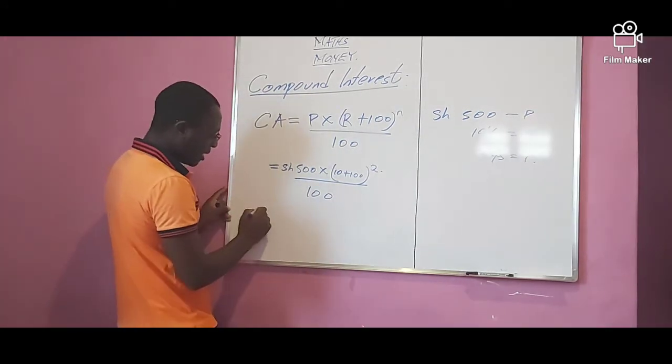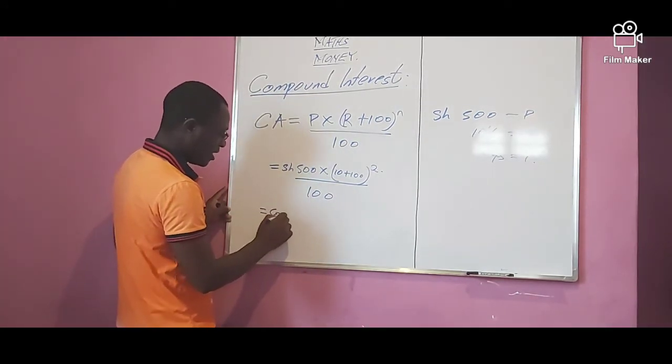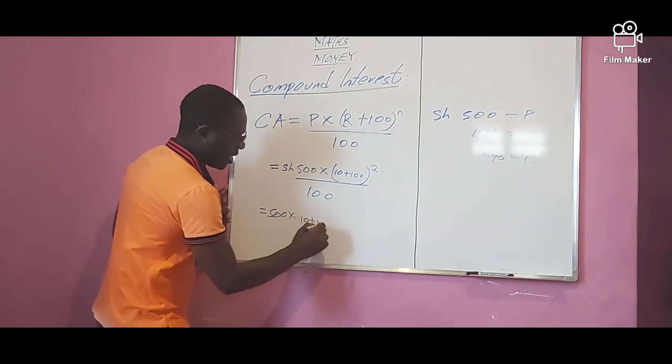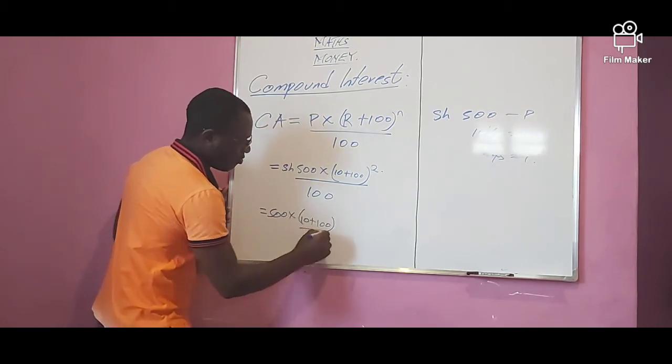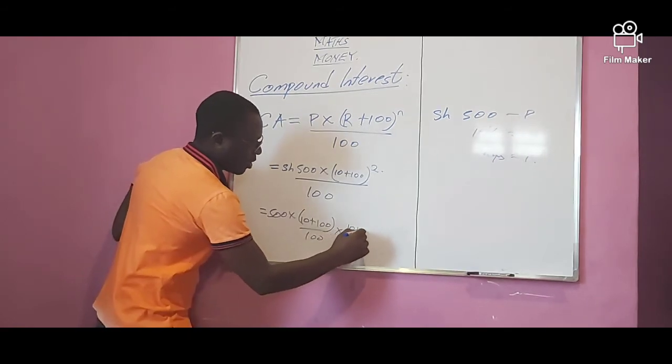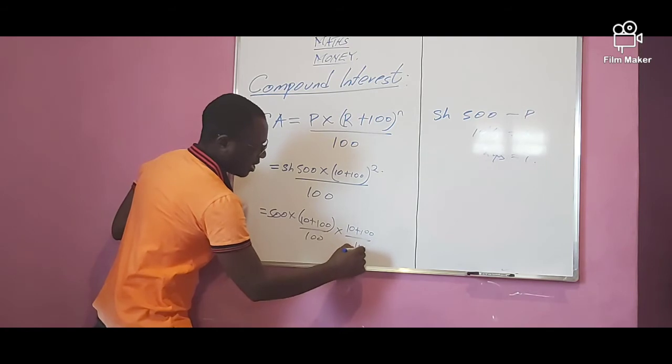In working, it will be 500 times 10 plus 100 over 100 times 10 plus 100 over 100.